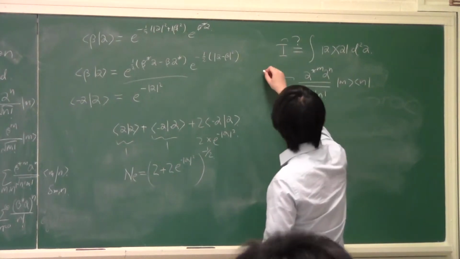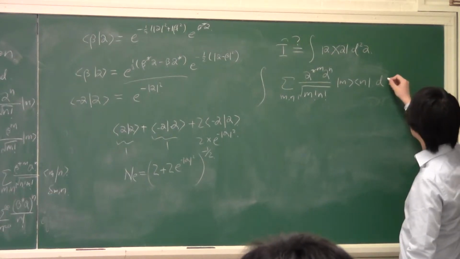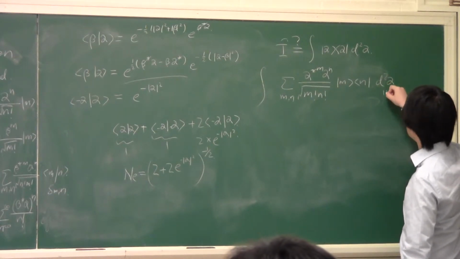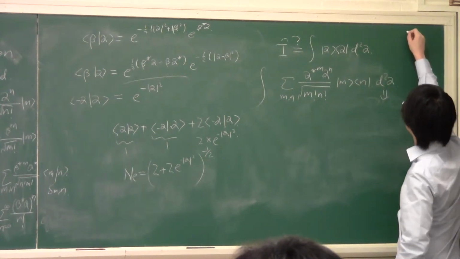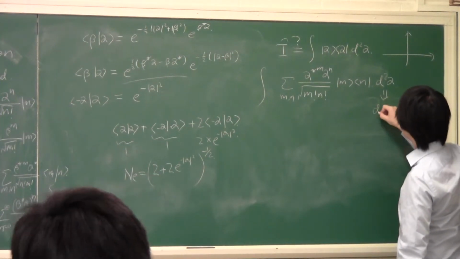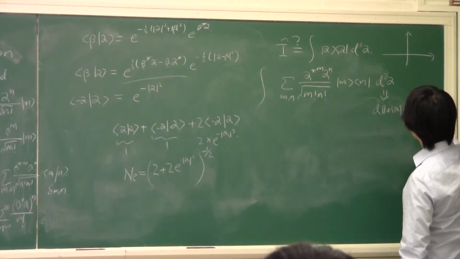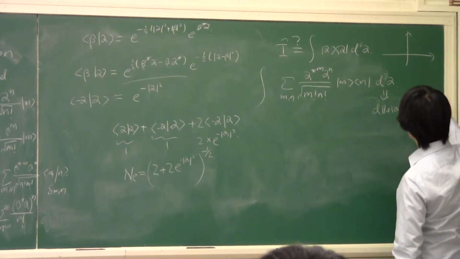We have an integral d squared alpha; if you think about the complex plane, you can turn this into an integral over the real part of alpha and an integral over the imaginary part of alpha.